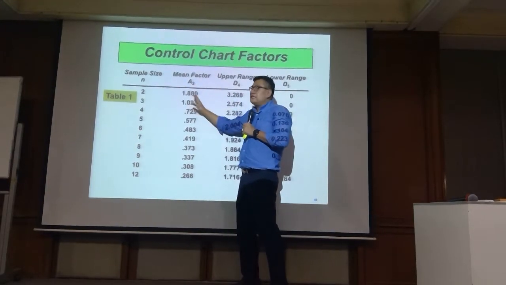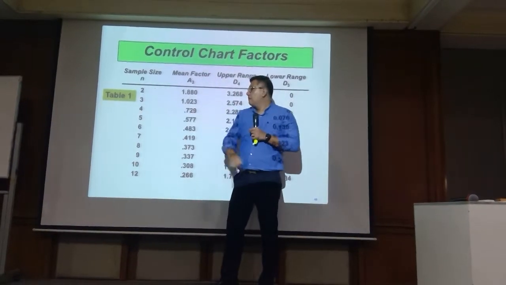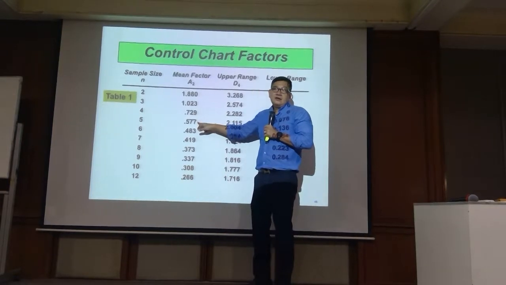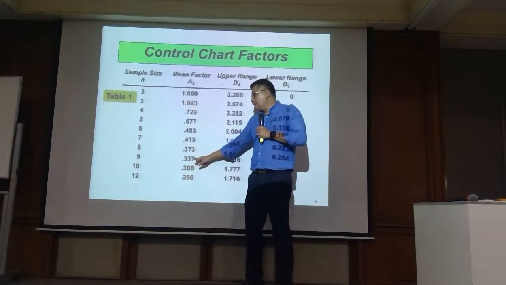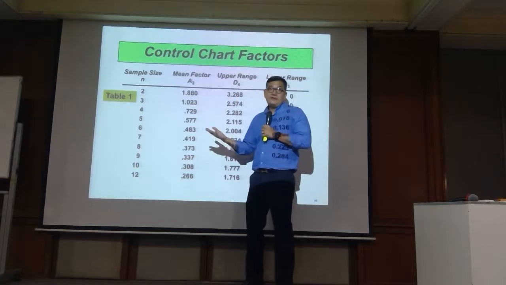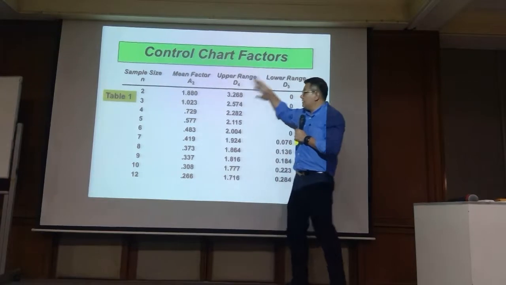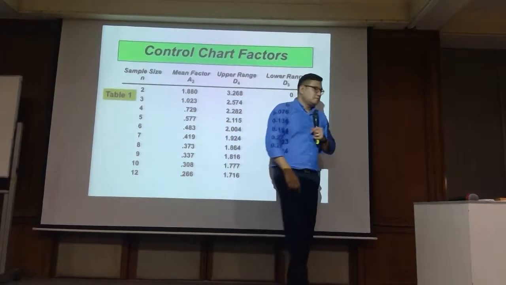The value of A2 depends on sample size. If you sample 5 boxes, you use A2 0.577. If you sample 9 boxes, let's say, you use the A2 value 0.337. Okay, it depends on n. Just look at A2, right?